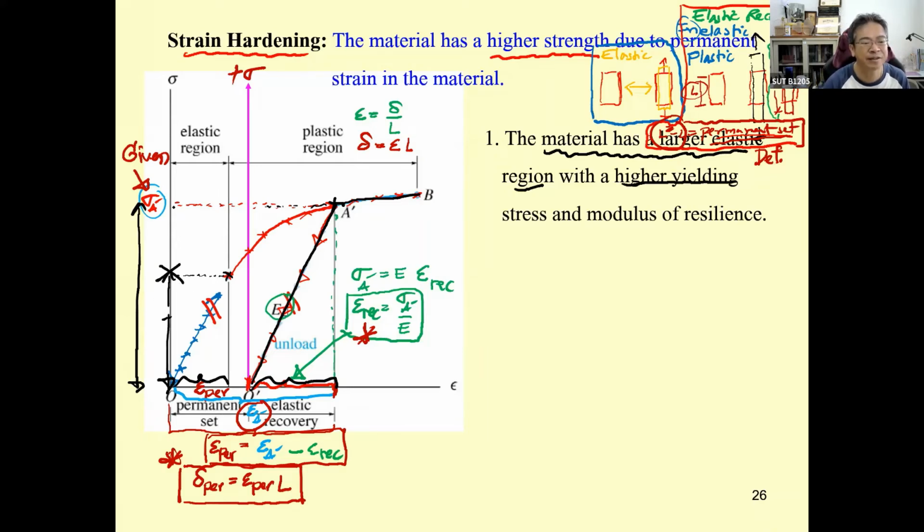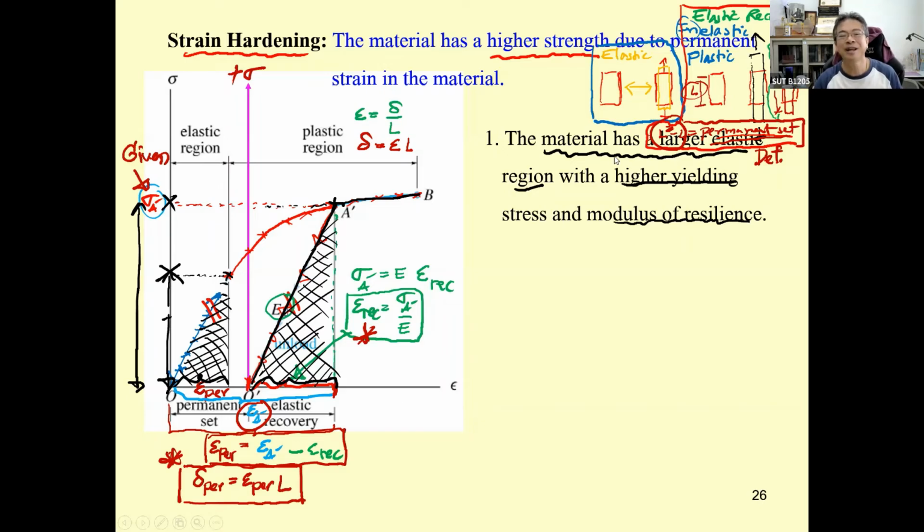Before, we had this; the new one, we have this. Okay, and also before this, we have the area. This area represents the modulus of resilience. The new one is going to cover a larger area, so the material can absorb larger energy during linear elastic behavior.